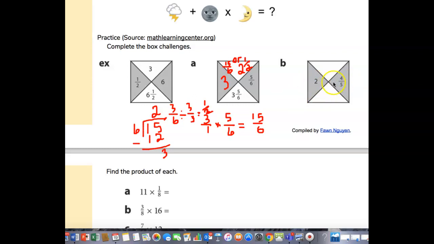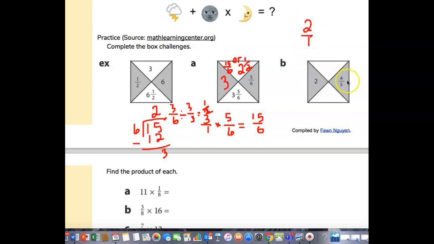You add these two together and get this number. So when we added these two together, we got 6.5. When we added these two together, we got 3 and 5/6. So what do you think you're going to get if you add 2 and 4/5 together? Okay, put that here. Then for the top box, you're supposed to multiply them.